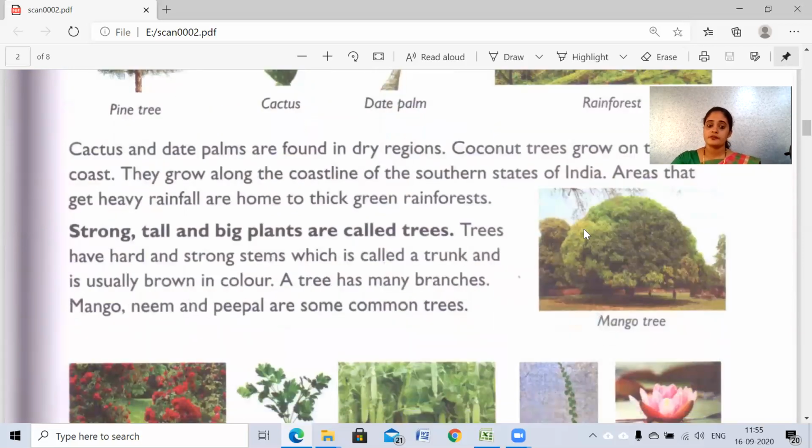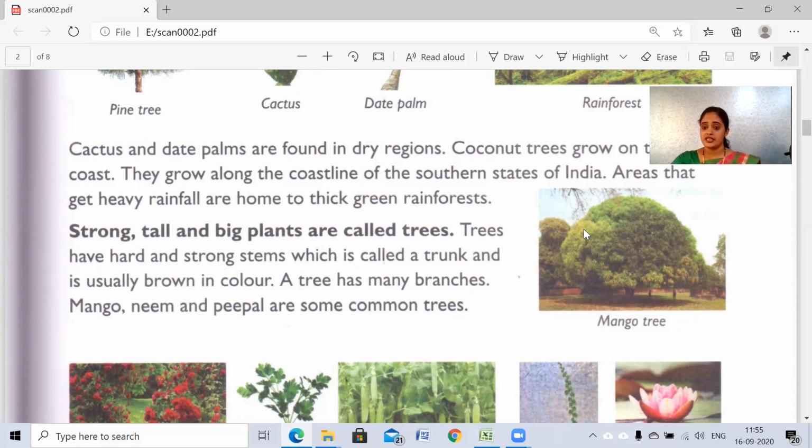Okay, no? See, the plants are classified into small and big ones. Big plants are called trees. What are the features of a tree? Strong. It is strong. It will grow tall and it is a big plant. We call them trees.